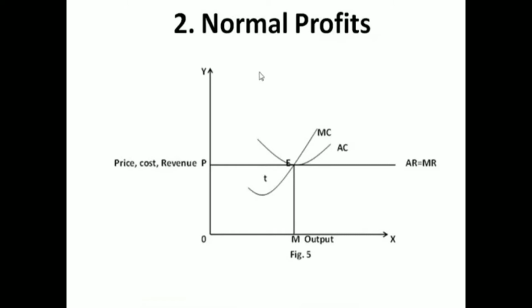Price or AR is equal to OP, and AC is equal to AR here. So we find that the average revenue is equal to the average cost of production, and so the firm is getting normal profits. That is, AC is equal to AR and there is normal profit.